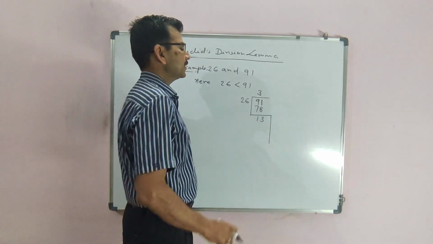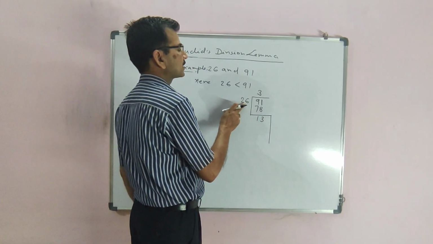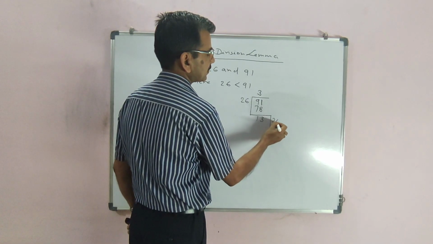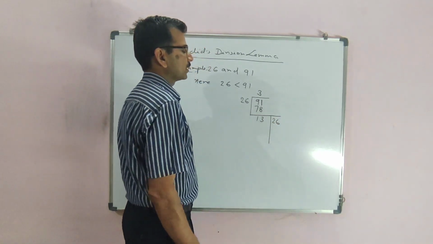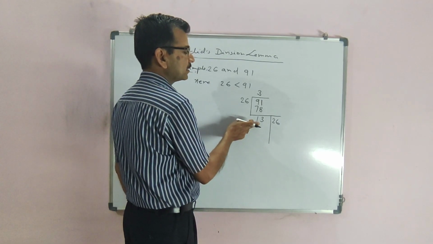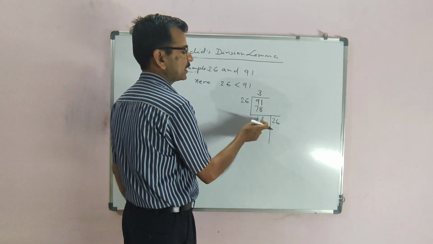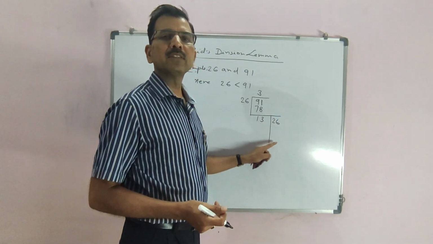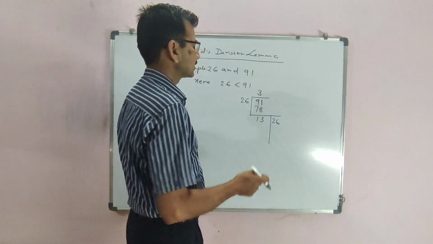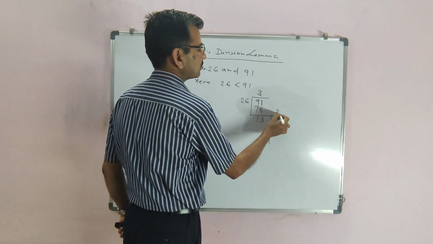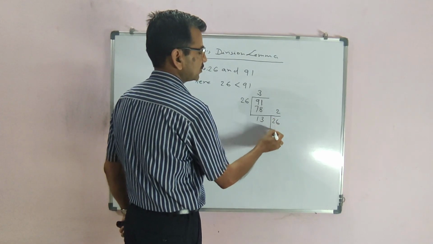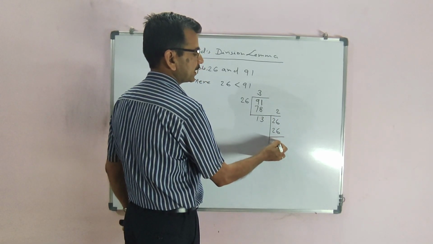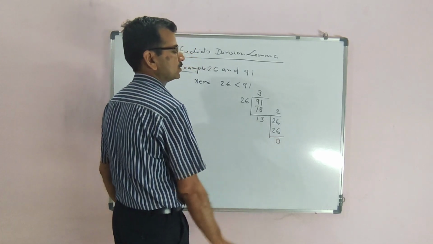And what is the next step here? This 26 we write here as the dividend. We again multiply by the number whose value is either equal to 26 or smaller than 26. So we see here it is 2 times. We take 13 twos are 26, and finally we get the remainder as 0.